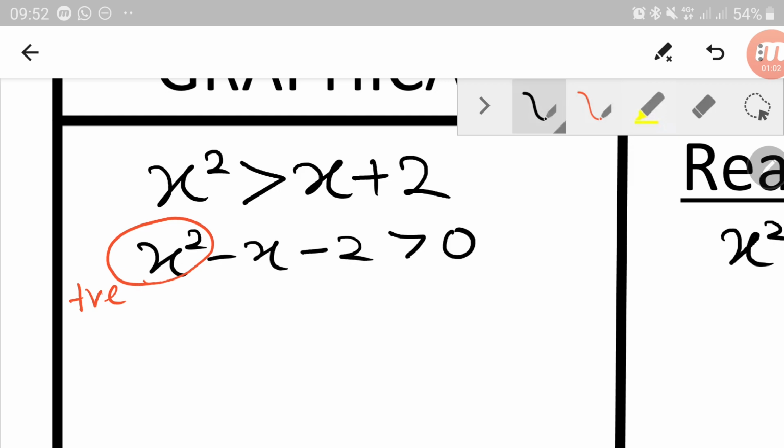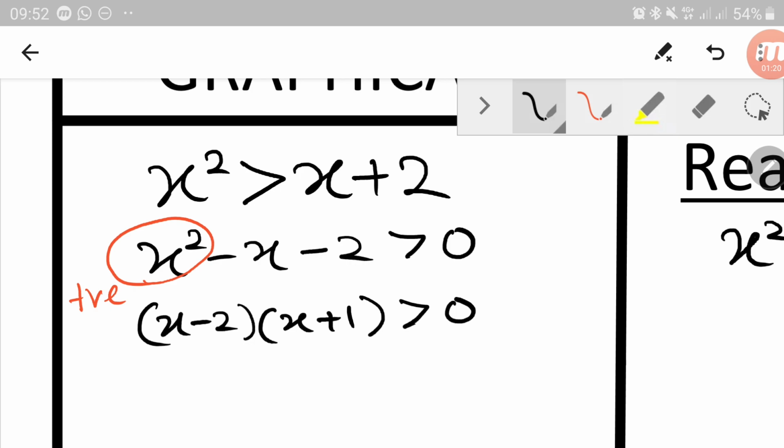After that we can continue and factorize them. You can use your calculator, the EQN function, but you need to write it in factor form. So x minus 2, x plus 1.